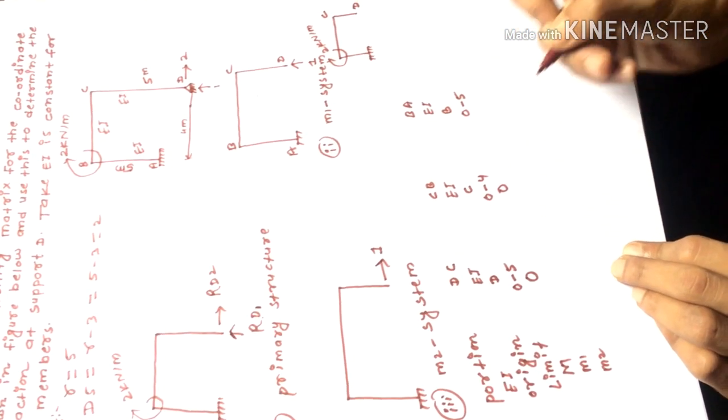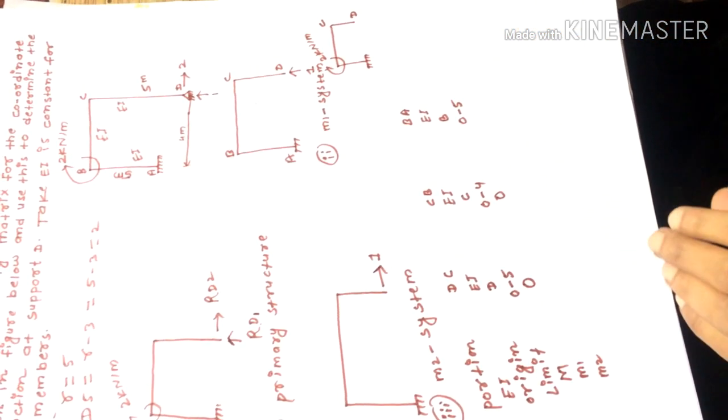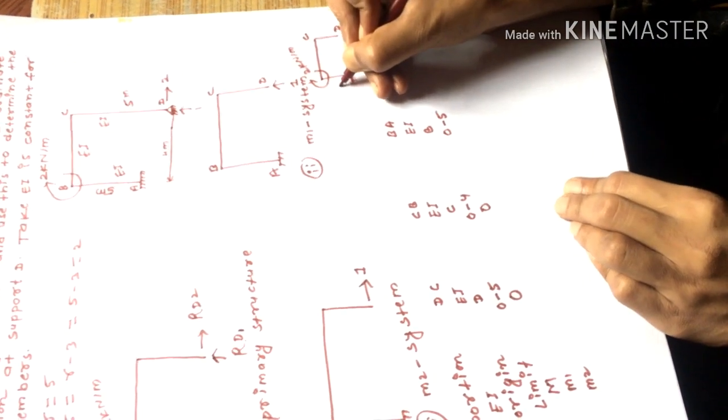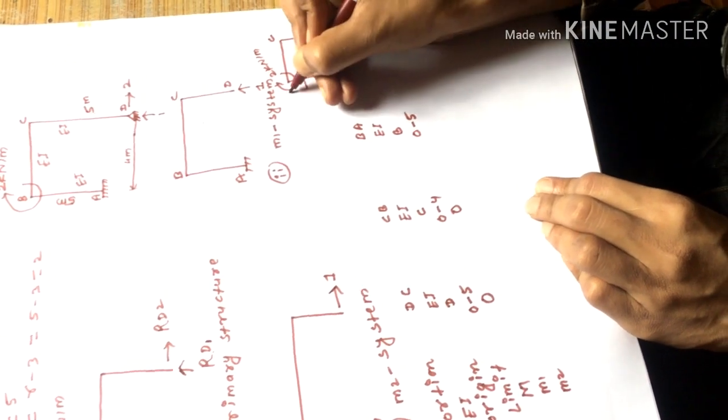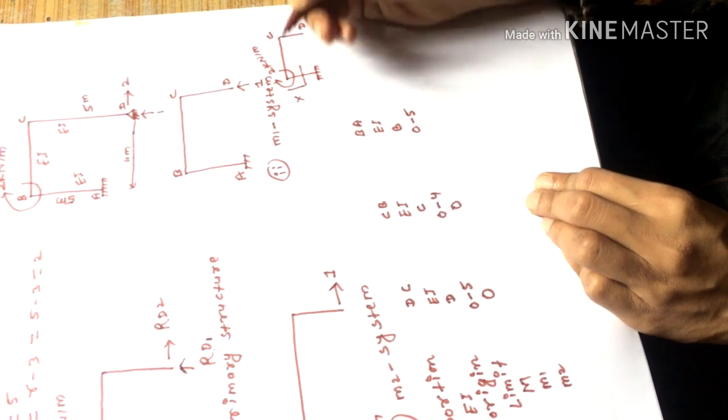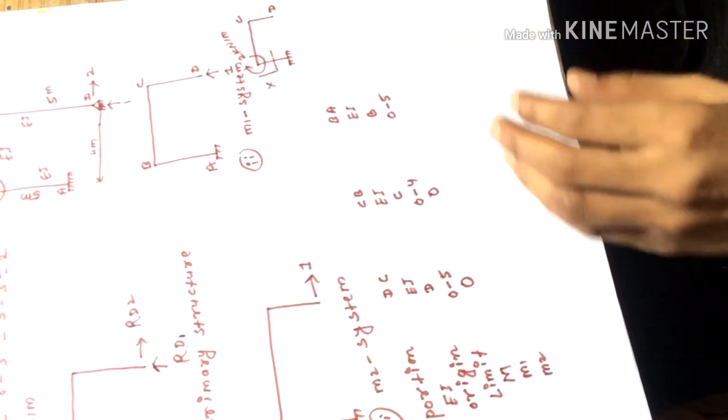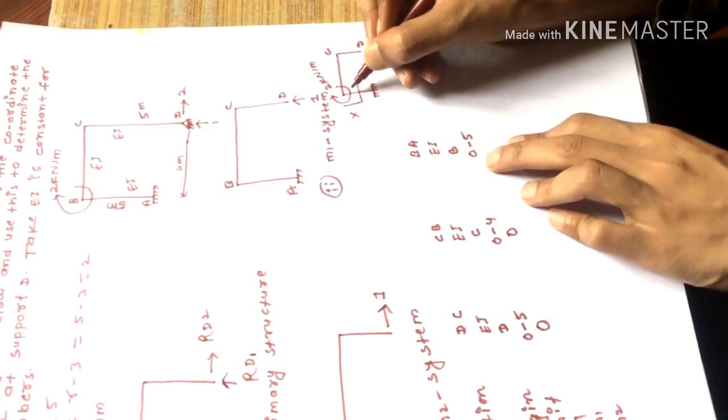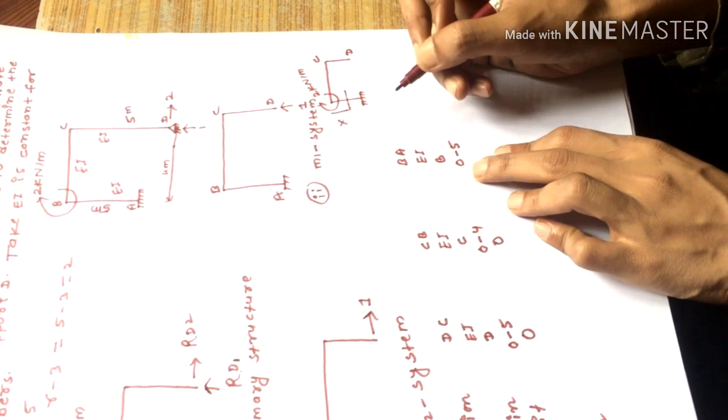For portion BA, let us take a section at a distance of X. So now let us calculate the moment M due to external loading in portion BA.